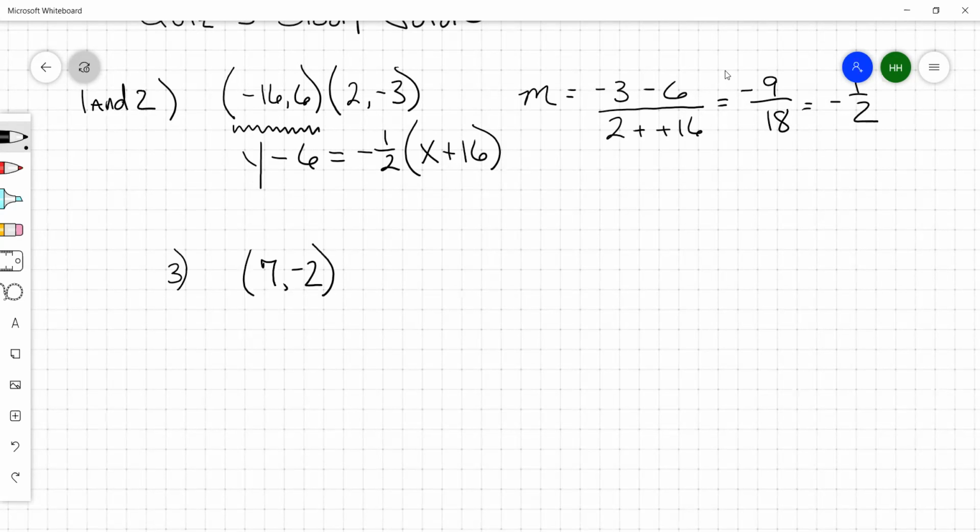If your point is 7, negative 2, and your slope is equal to 2, it is y, and the opposite of your y equals the slope times x, and the opposite of your x.